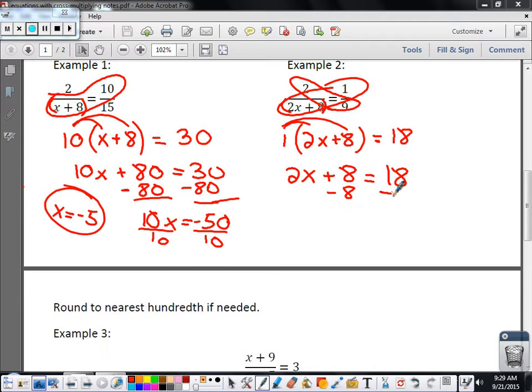Subtract 8. Subtract 8. And I get 2x equals 10. Yeah? Now what? Divide by 2. And then you get x equals 5. Boom. Let's do some more.